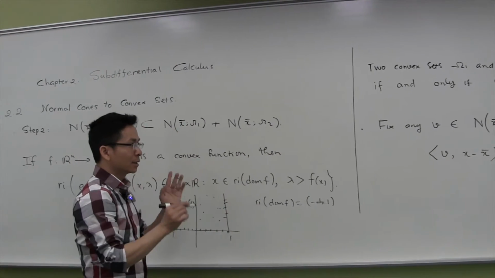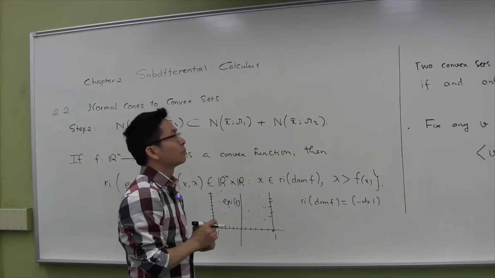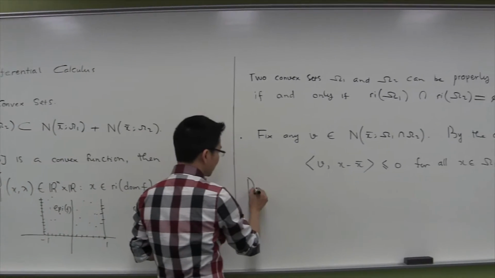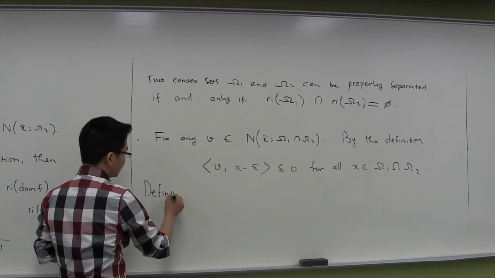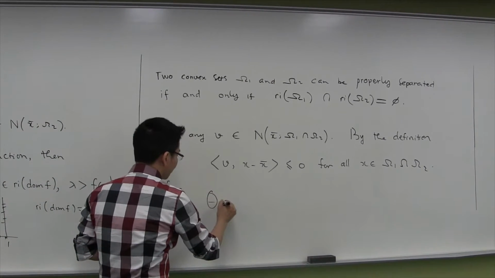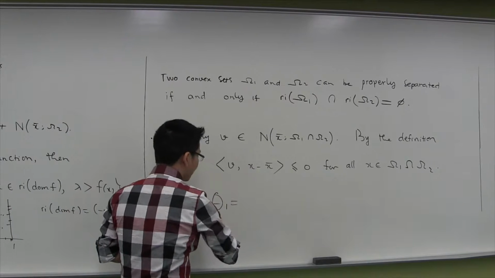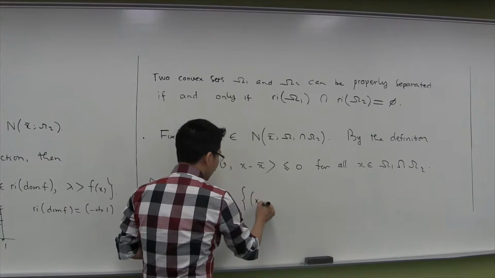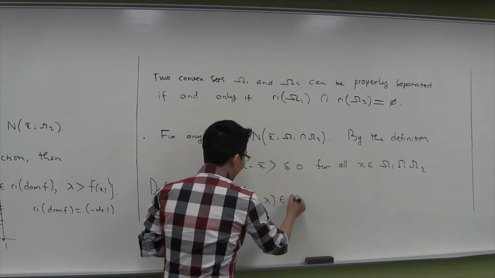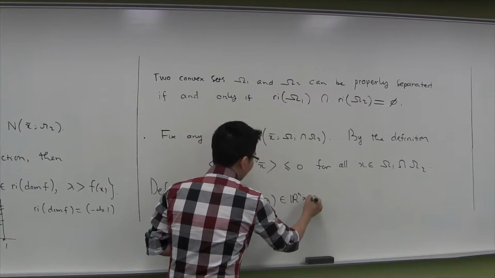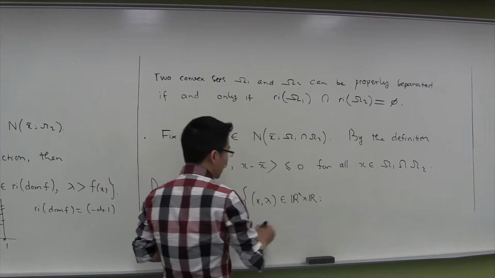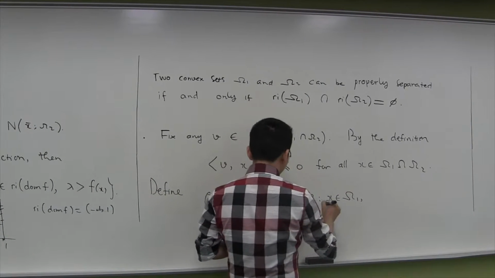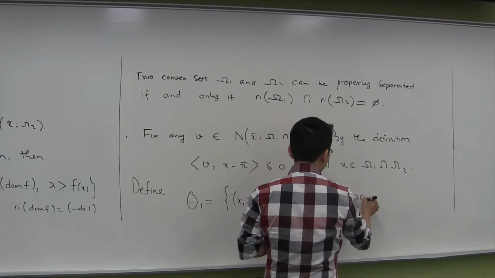Now the main part of the proof is the following. We define two sets. Theta 1 contains all (x, lambda) in Rn times R such that x is in omega 1 and lambda is greater than or equal to 0.